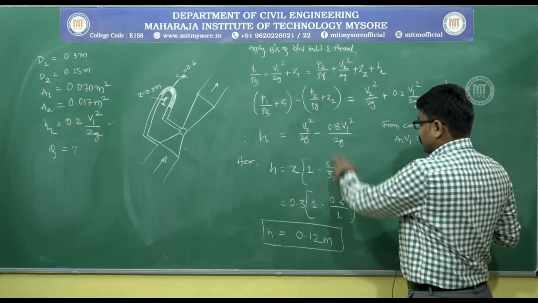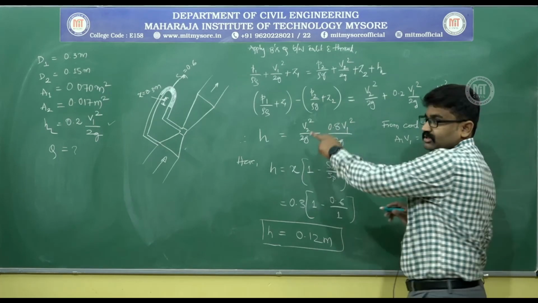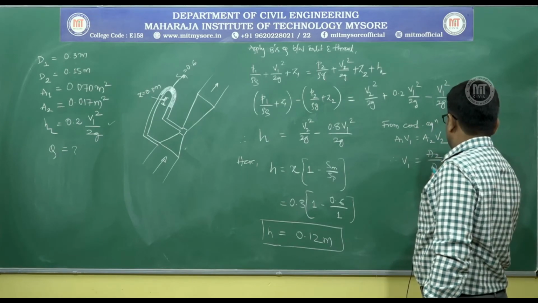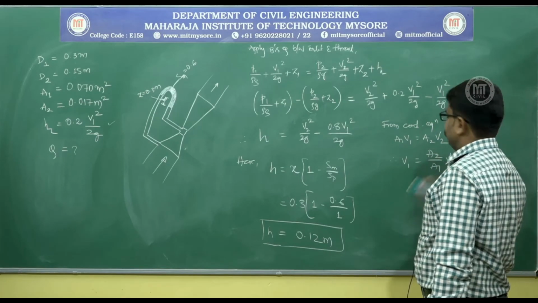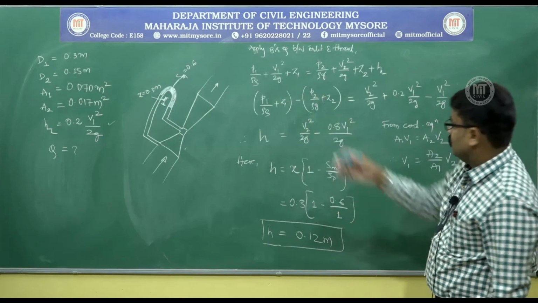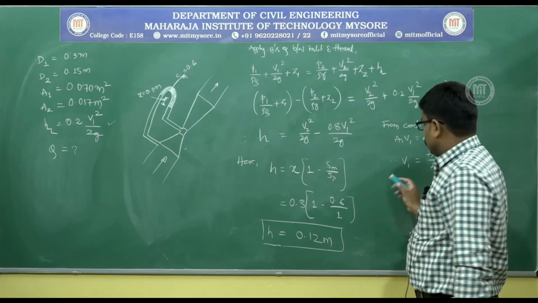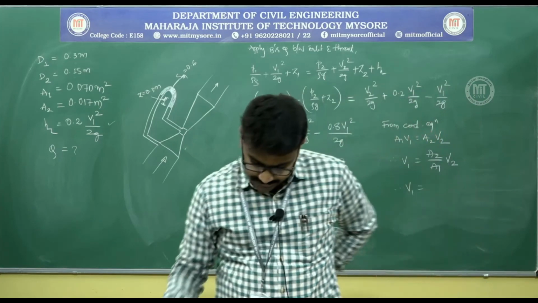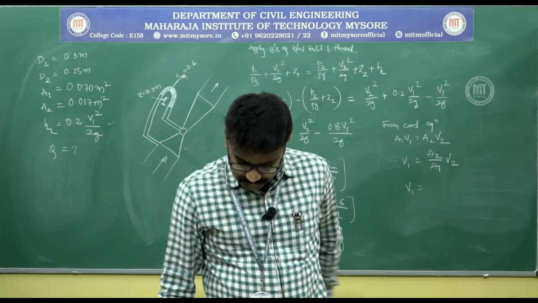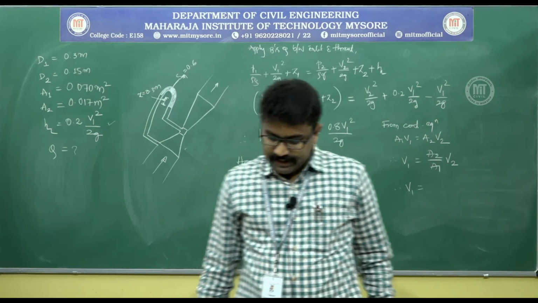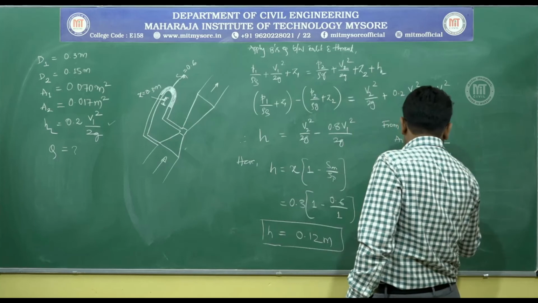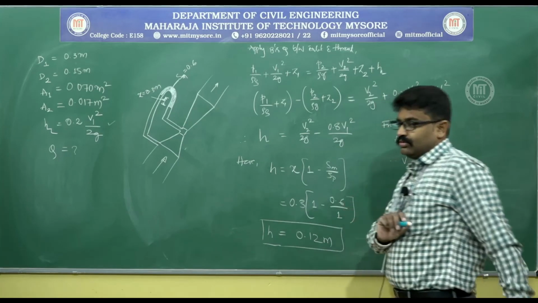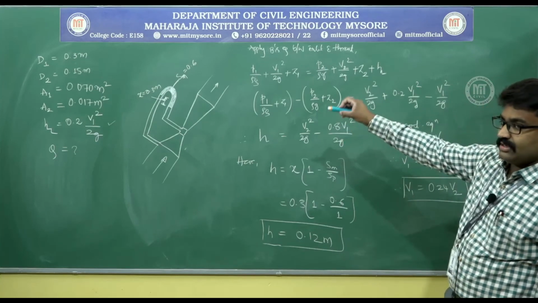Now, if you want to keep V1 in terms of V2, V1 is equal to A2 by A1 into V2. A2 is known, A1 is also known, therefore V1 becomes 0.24 V2. You can put that in this equation now.